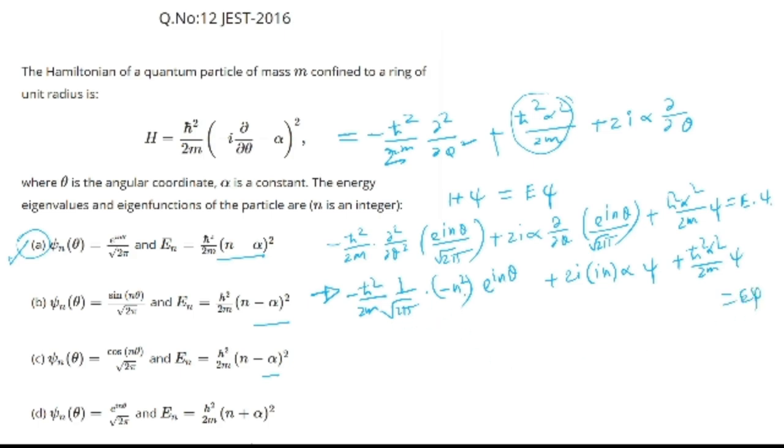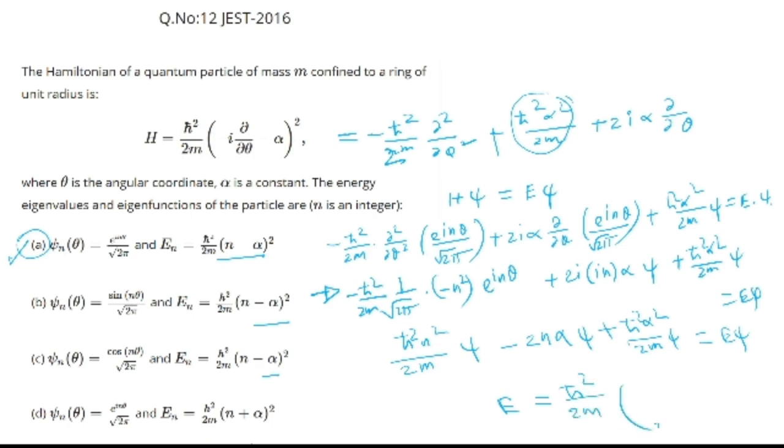So we get plus h cross squared n squared by twice m psi, then minus 2n alpha psi, plus h cross squared alpha squared by 2m psi equals E psi. So ultimately E is nothing but h cross squared divided by twice m common out.